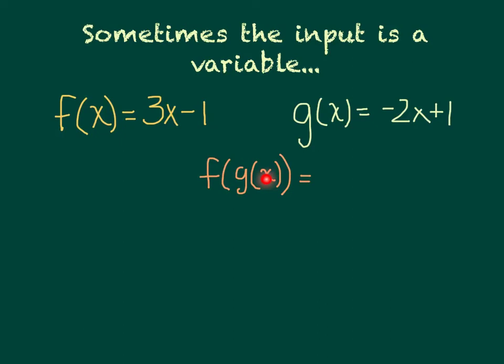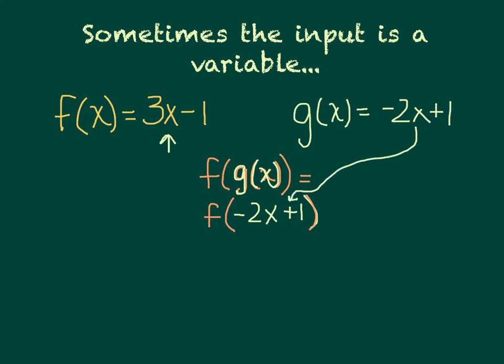In this case, we're actually just taking g of x and we're going to plug it in to x in f. So basically what we're going to be doing is f of, and then I'm going to put my g of x in here, negative 2x plus 1. So here that's where I got the negative 2x plus 1.